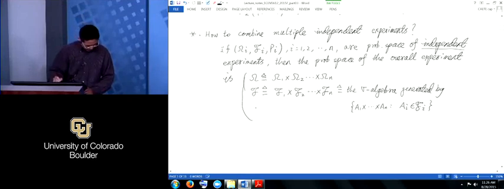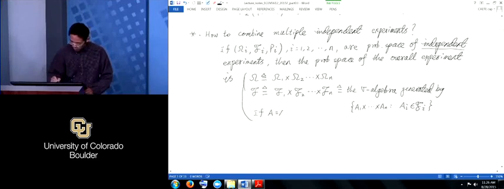And for P, I'm going to define it in this way.